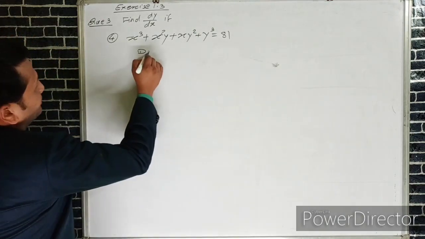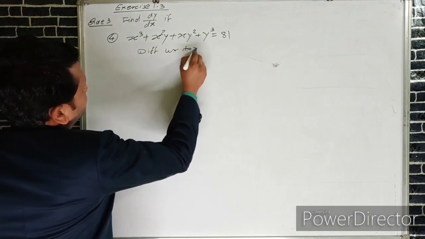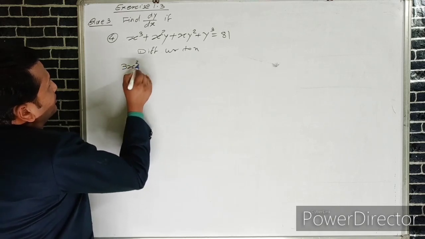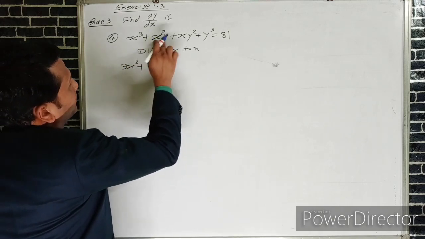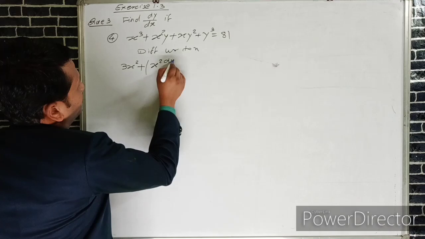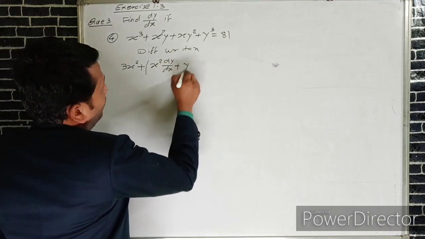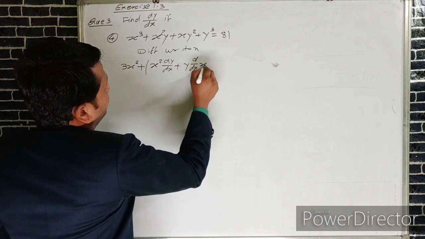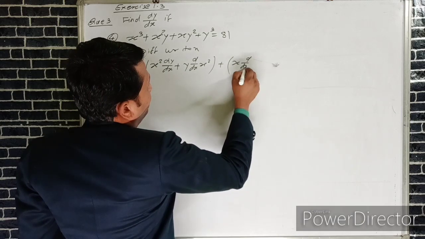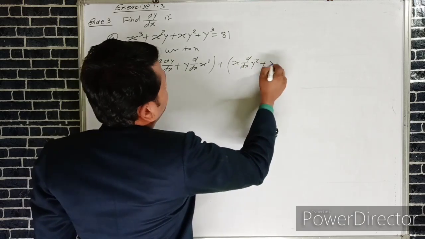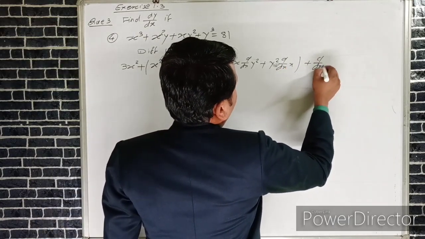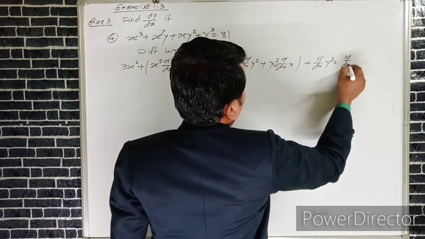If we differentiate with respect to x, we can write the derivative of x cube, which is 3x square, plus we can apply the u into v rule. The derivative of x square into y is x square into dy by dx plus y into the derivative of x square, plus x into the derivative of y square plus y square into the derivative of x, plus the derivative of y cube equals the derivative of 81.